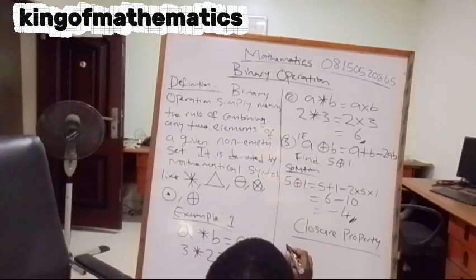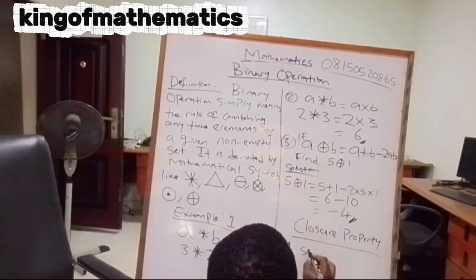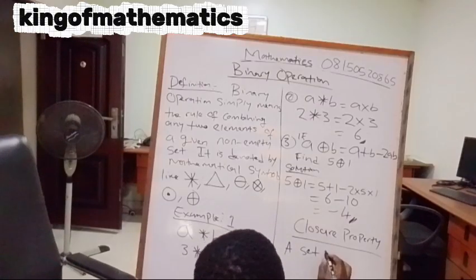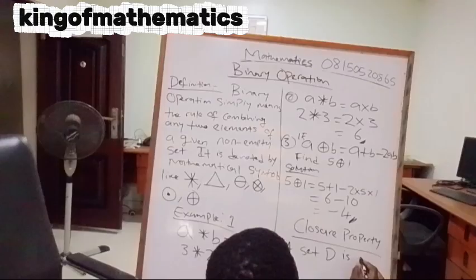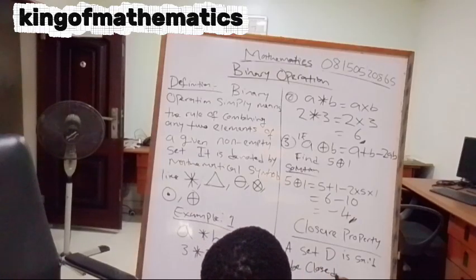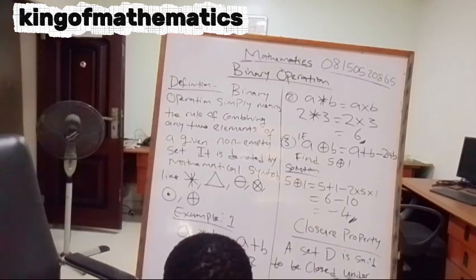A set D, let's use D, is said to be closed under the binary operation.